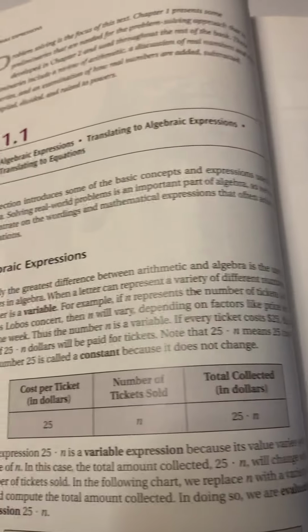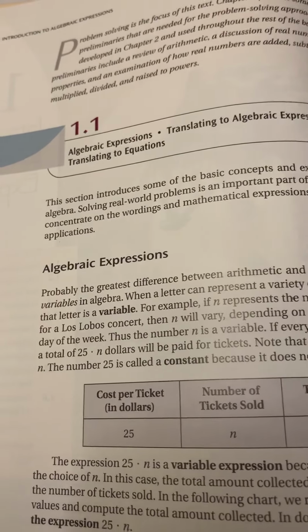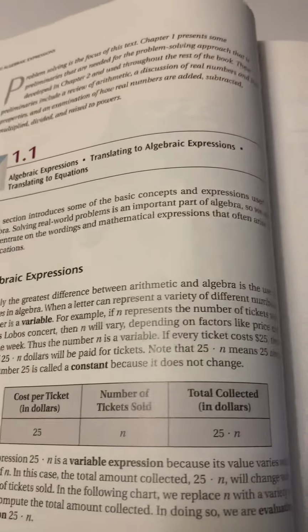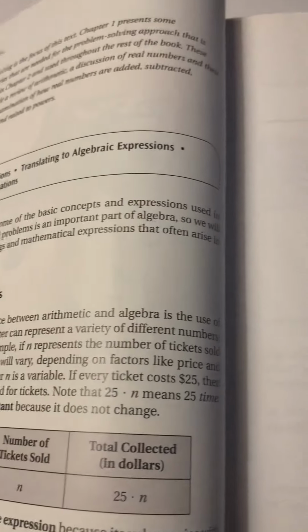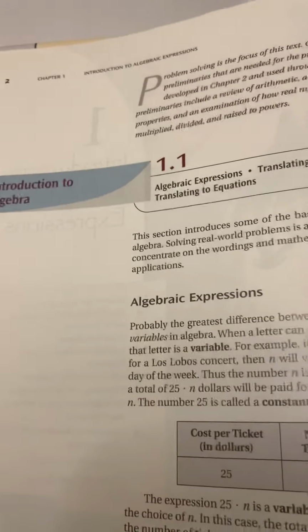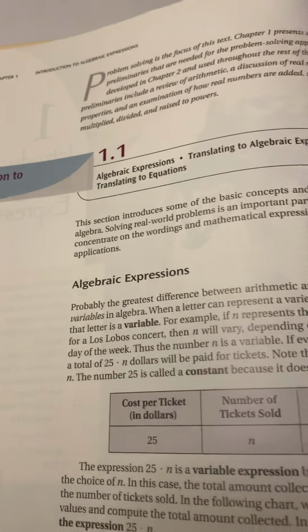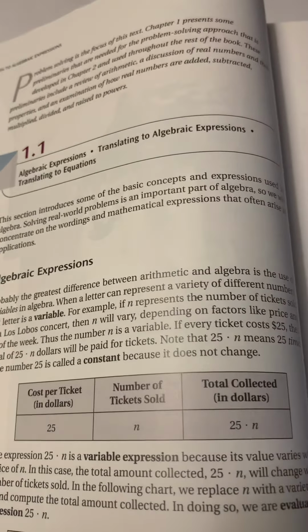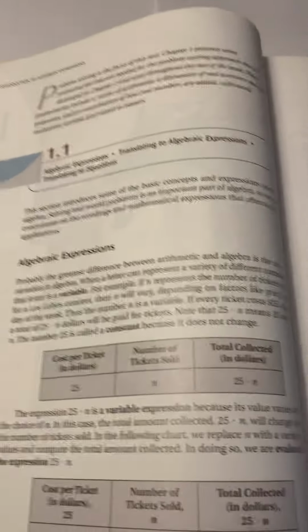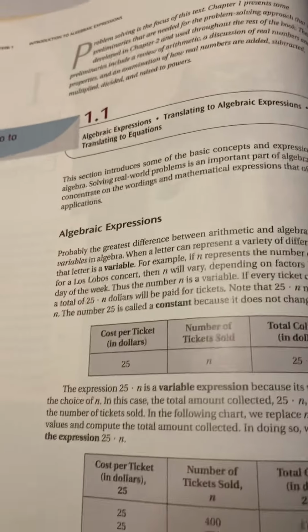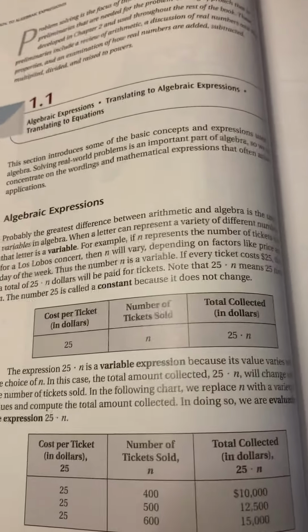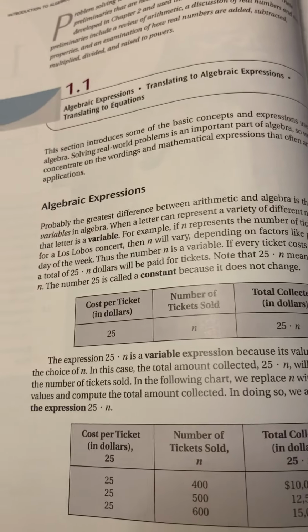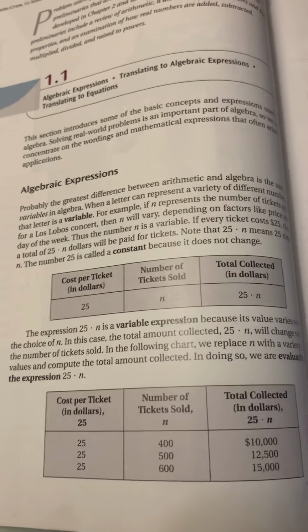N represents the number of tickets. So note that 25 times N means 25N. The number 25 is called a constant because it does not change. The reason why I'm going over this so many times is so that you understand what is meant by a variable, and what is meant by a constant.